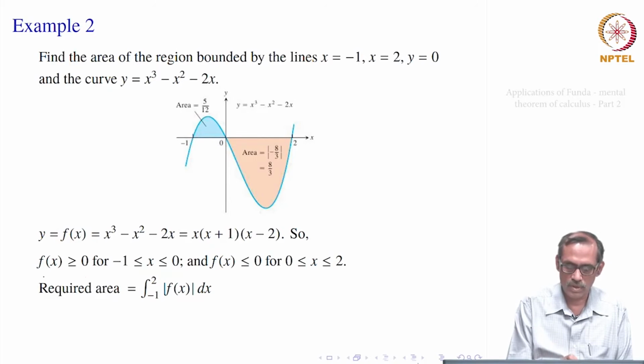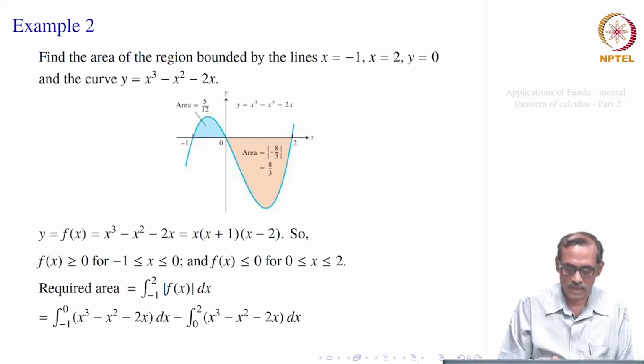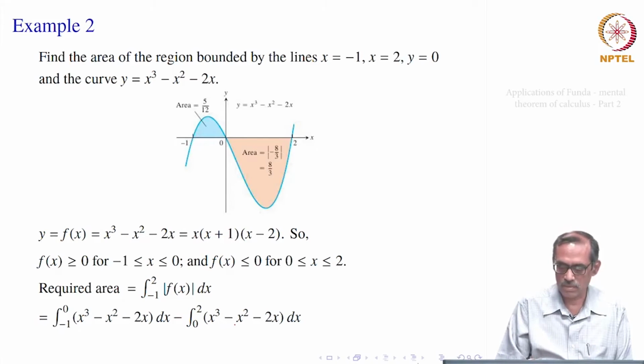Mod f x is equal to f of x when x is from minus 1 to 0, and it is minus f of x when x is in 0 to 2. So, you would write that as two integrals: the integral of x cubed minus x square minus 2x from minus 1 to 0, and minus the integral of x cubed minus x square minus 2x from 0 to 2.